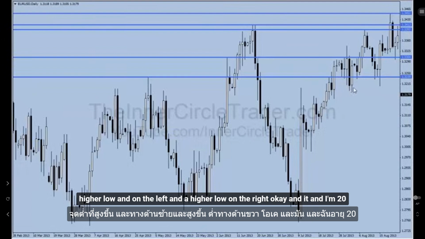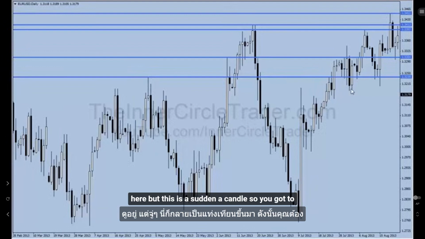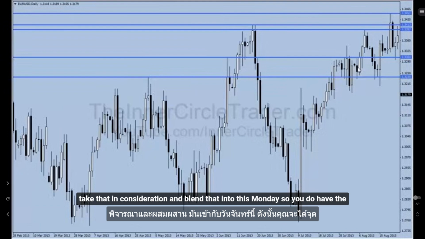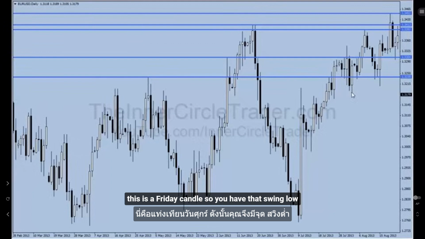Okay, and I'm pointing at this, it's probably confusing because it's not what I'm showing you here, but this is a Sunday candle, so you have to take that into consideration and blend that into this Monday. So you do have the swing low here basing this Monday candle and this Thursday candle here, and this is a Friday candle. So you have that swing low. Okay, so we'll have that noted.